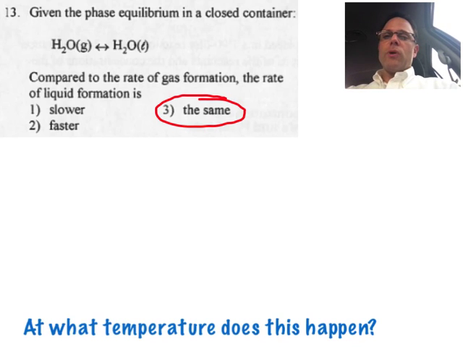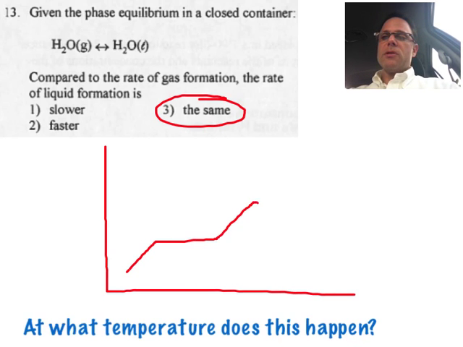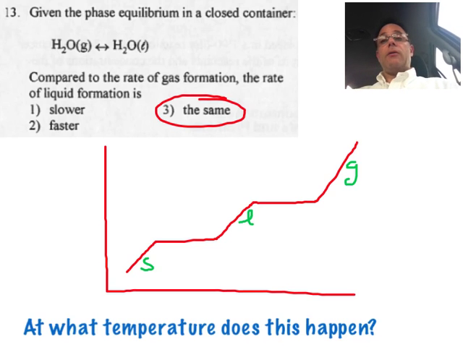Now to answer that, we would need to address one of these phase change diagrams that we've done in the past. Down here we have our solid, here we have our liquid, and here we have our gas. What portion of this are we looking at when we are talking about water going from gas to liquid, or even from liquid to gas? So gas and liquid, we are right here.